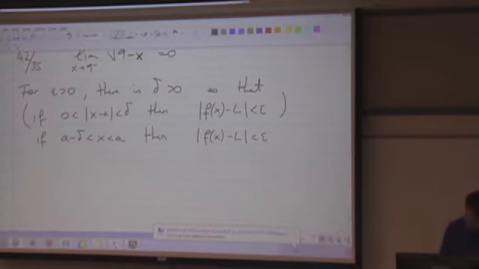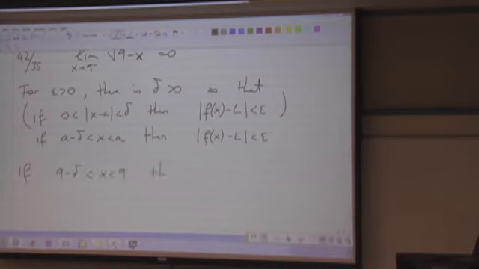Okay, so what is our next move? Plug in what we know? Yeah. Right? So if 9 minus delta is less than x is less than 9, then the absolute value of the fourth root of 9 minus x, minus 0, is less than epsilon. I skipped the 0 part, should I write minus 0? Minus 0 in absolute values is less than epsilon, right?